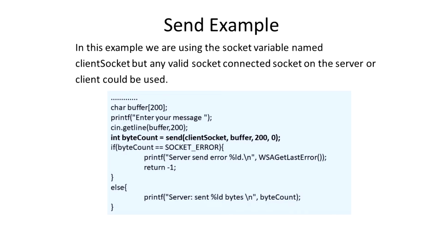So here, notice that we've got a placeholder within the string. So notice there, %LD, that will be the placeholder for the value which is returned from WSA get error, which you'll notice there comes after the comma. So I think the L stands for long in the reference and D for decimal.